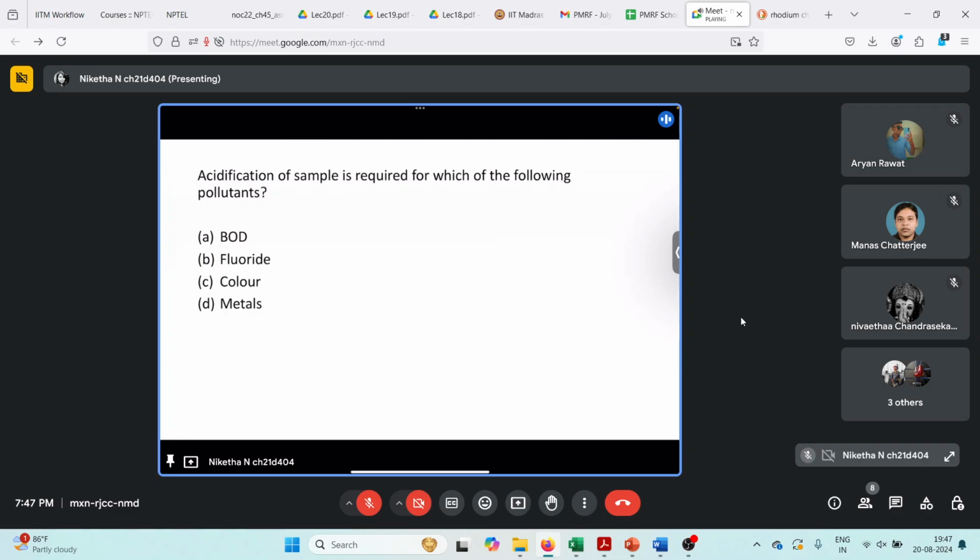Okay, next question is acidification of sample is required for which of the following pollutants? BOD.